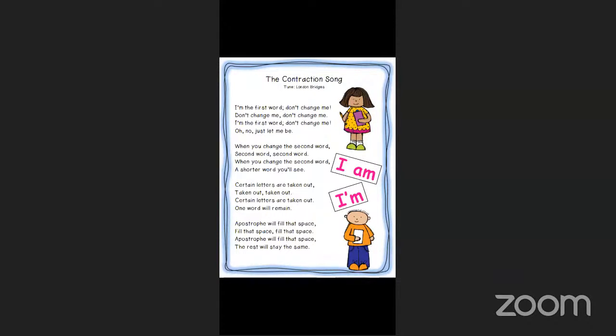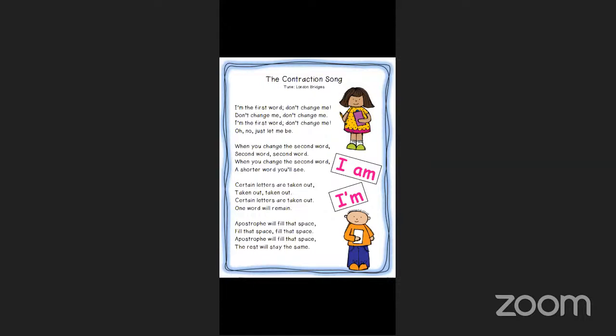Until then, my dear children, just go through the lines and guess what we are going to do today. This is a nice poem, right? Go through the lines of this poem.